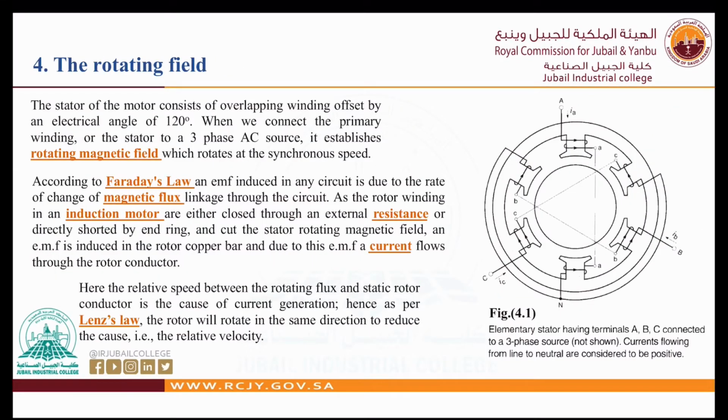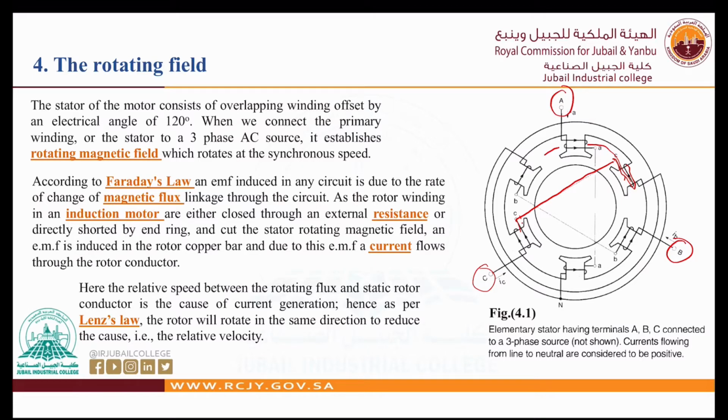Now, as you can see here, we have a three phase, which is phase A, phase B, and phase C. As you can see, phase C here is having a winding from this side to this side, right? It is connected in such a way that it will not interact with the rotor. So it is connected through the stator poles here, right?